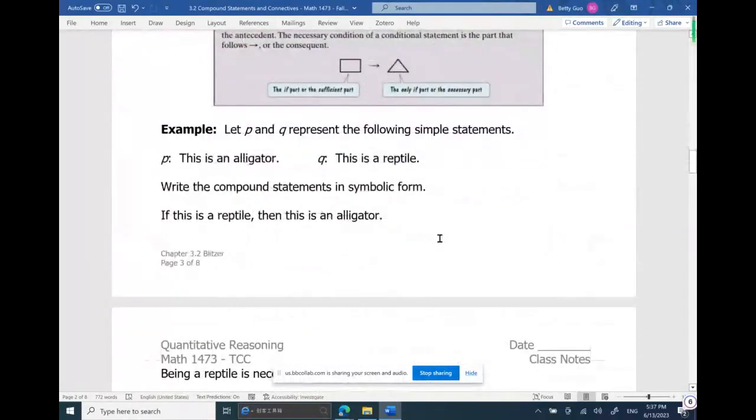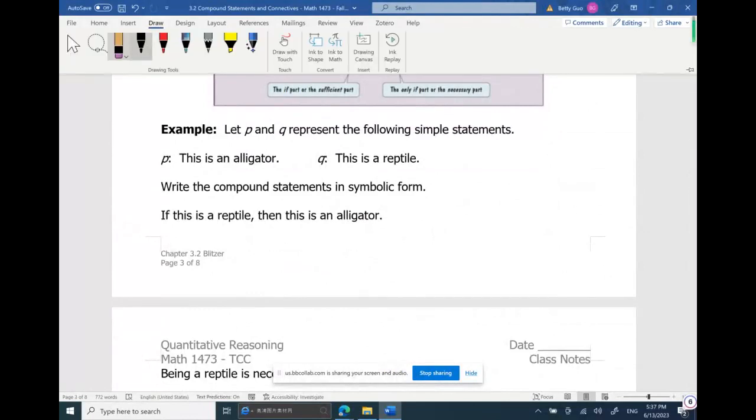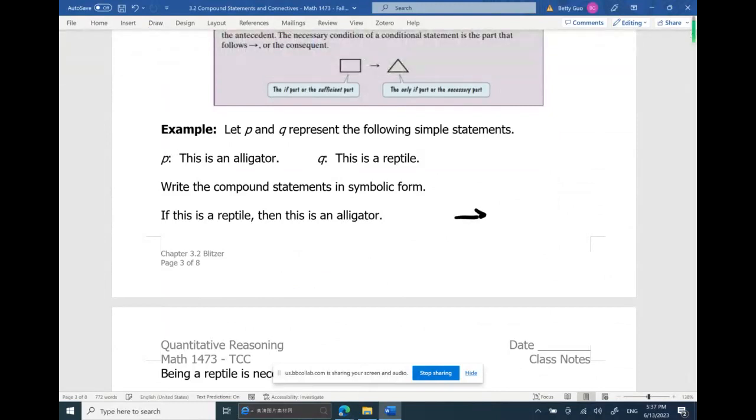Let's look at this example. Let P and Q represent the following simple statements. P is the statement that this is an alligator. Q is the statement that this is a reptile. Write the compound statements in symbolic form. If this is a reptile, then this is an alligator. This is a conditional, right?